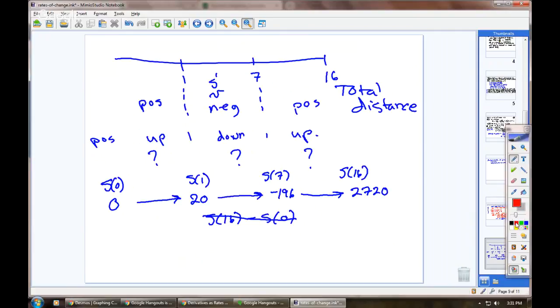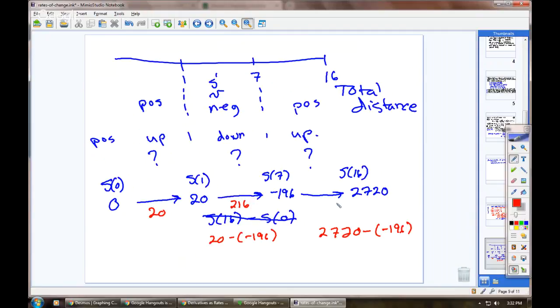So from 0 to 20 the distance is 20. Now, here I'm above the axis, and then I have to scoot below the axis. So that distance is 20 minus negative 196, which is 216. Then I have to get from negative 196 all the way up there: 2,720 minus negative 196, which means I'm adding these, and I don't need a calculator.